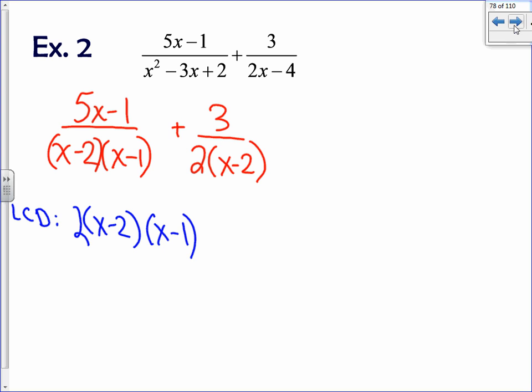So the 2 comes up once, so I need to take that to the first power. The x minus 2 is just to the first power, so that I list once, and then x minus 1 is also just listed to the first power. So this is my lowest common denominator. So I am going to rewrite both of these fractions with that as the LCD.